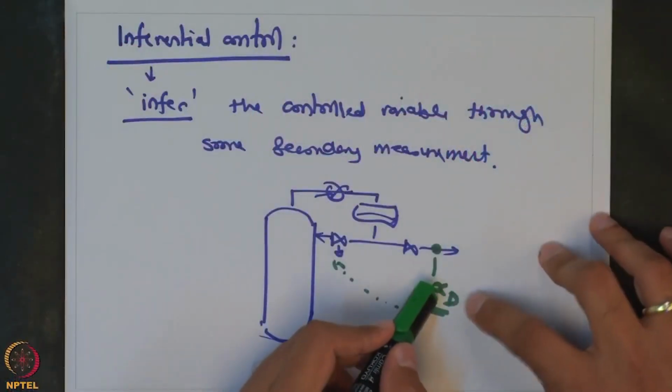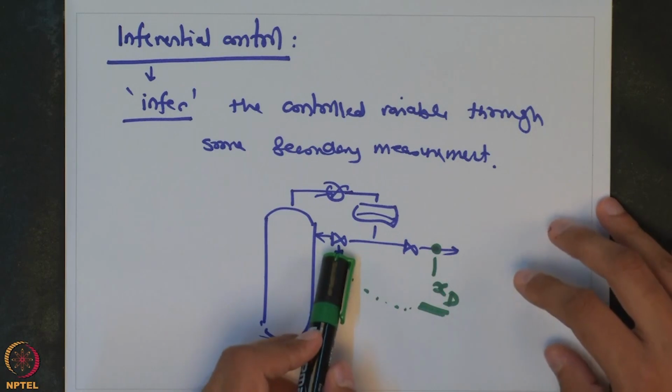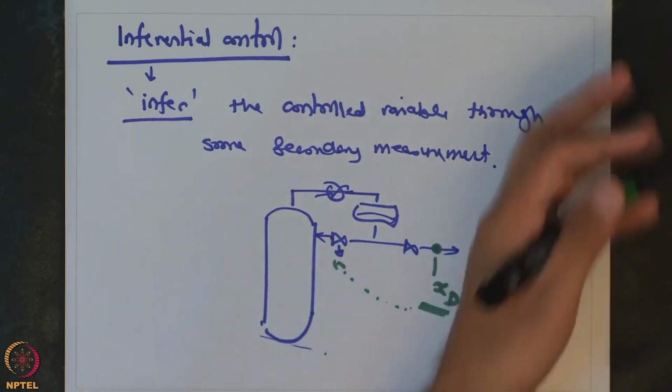So if your controller is not able to see what is happening during that time, it cannot take any action. All feedback control strategies require measurement of the control variable. If the chemist does not give you the current purity, you cannot take any control action till then, and it is easy to show that with such measurement delays, you have to go with a really slow controller in order to keep the system stable.